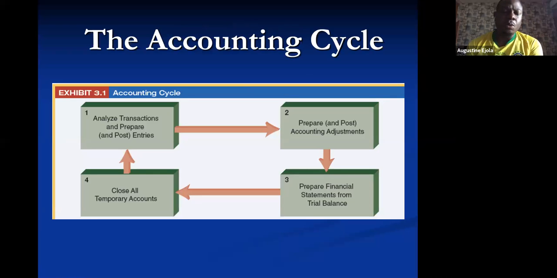So when we prepare accounts, the process flow is that first and foremost, before you make any posting into your ledgers, you need to understand the nature of this transaction. When you understand the nature of the transaction, it becomes easy for you to do the posting in the right way. So when the transaction happens, you want to ask yourself, what is this transaction all about?